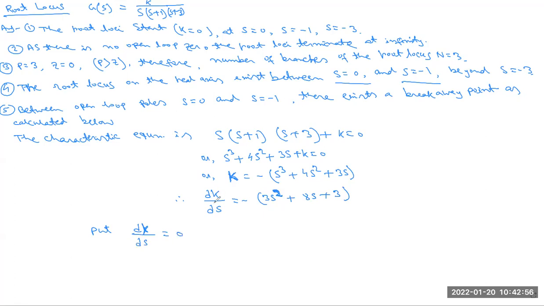So when this is 0, we have to write the equation: 3s squared plus 8s plus 3 equals 0.